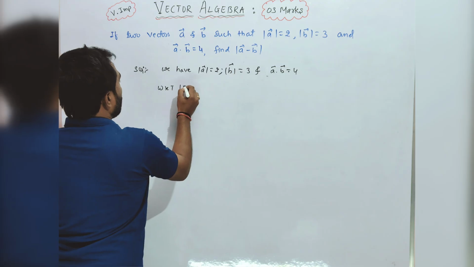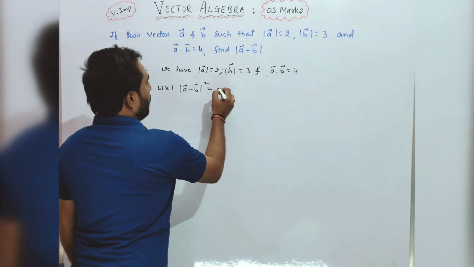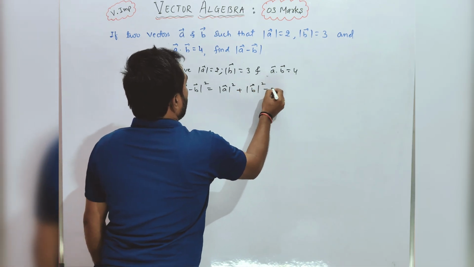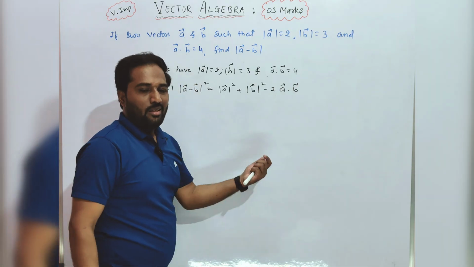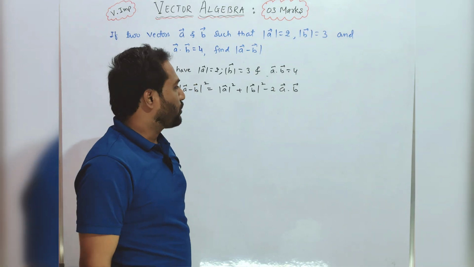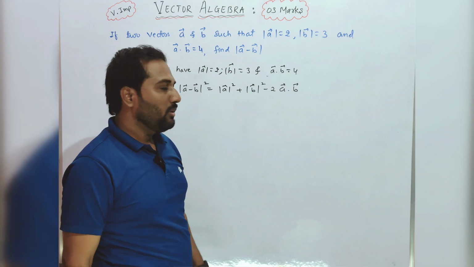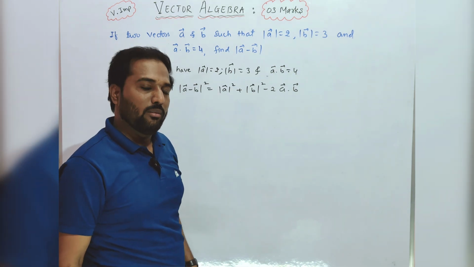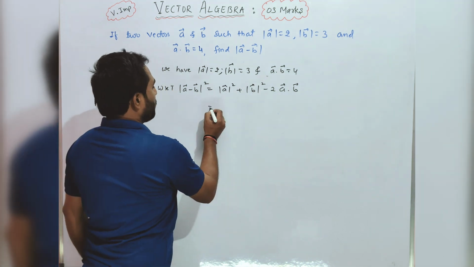We know that A minus B whole square is equal to A square plus B square minus 2AB. This is the basic A minus B whole square formula. So in vectors, what I said in the previous video, whenever we have a square, we take the mod or modulus. Let us use the values here.